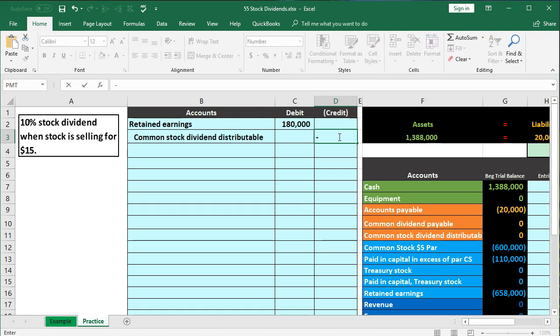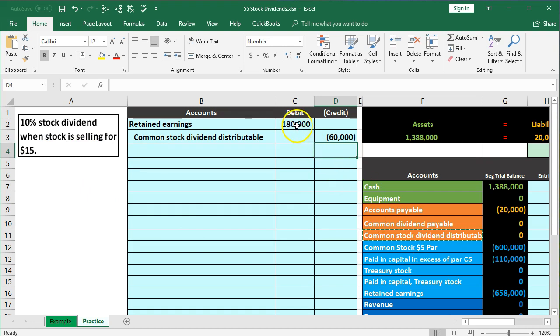Negative of the 120,000, that's how many shares are currently outstanding, 600,000 divided by 5, times 0.1, the 10% dividend, which gives us the number of stocks we're going to issue, times, rather than the market value of 15, the par value, 5. That gives us our 60,000.